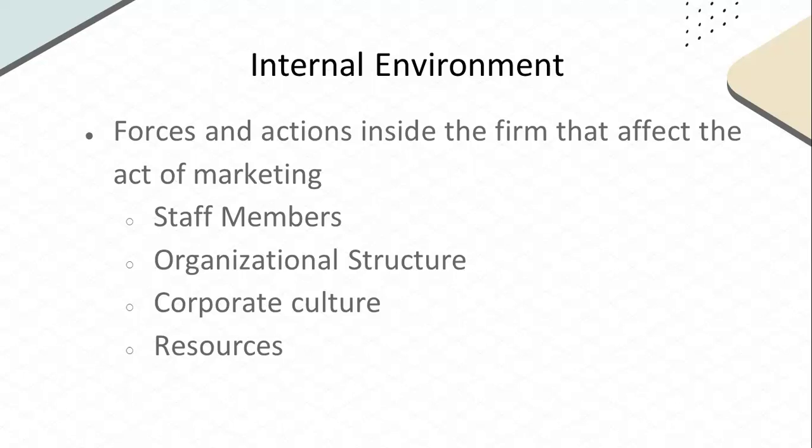So the external environment, we mentioned that it is divided into two parts, that is micro environment and the macro environment, right? So what do you mean by micro environment? So external environment is the factors which are outside from the organization. So then what is the microenvironment?